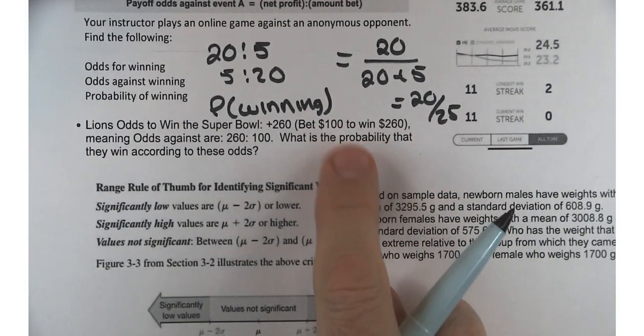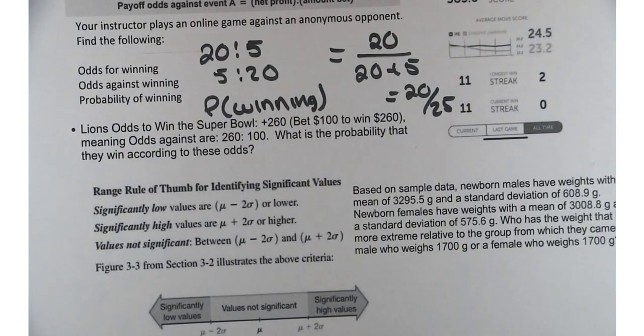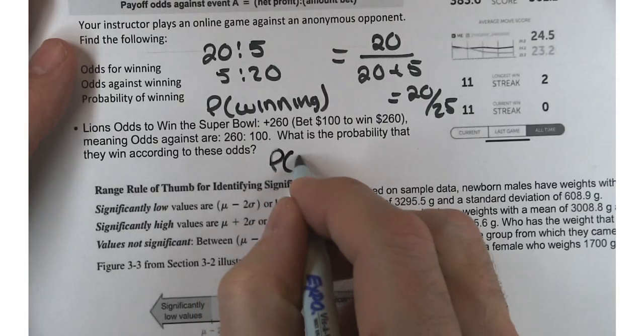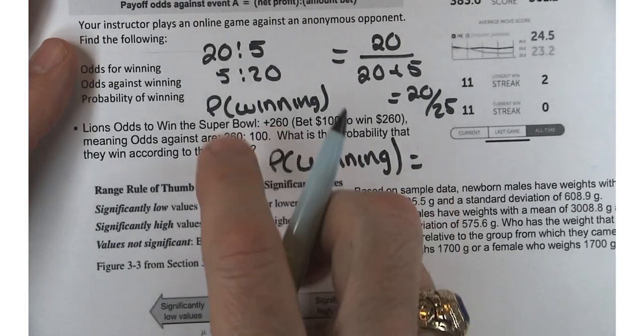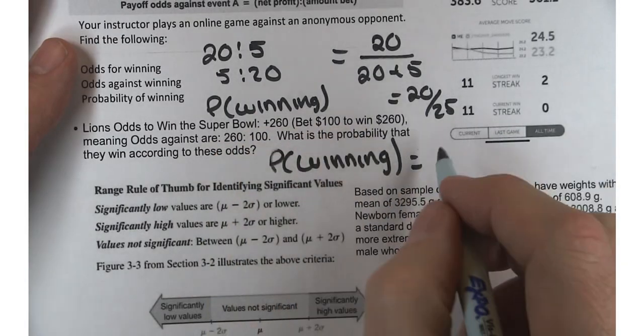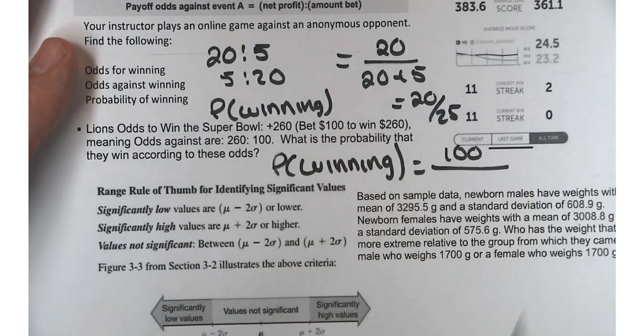What's that in terms of a probability of winning? Turn that into a probability. Well, in the numerator, what are you going to put? You're going to put the number of ways that they can win. This is saying that there's 100 ways that they can win. That's in the numerator.